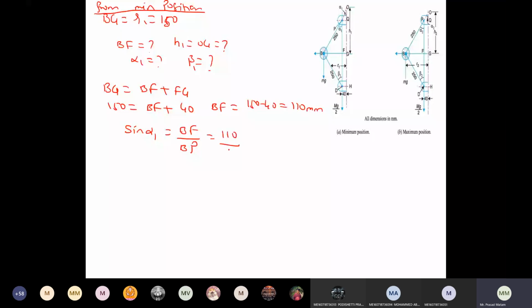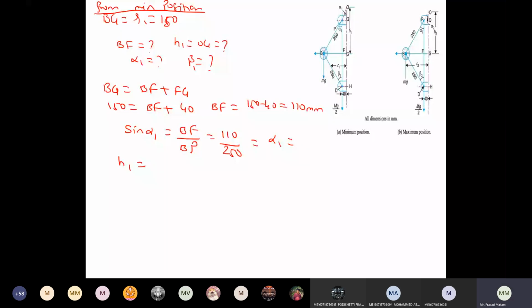From this, get the alpha 1 value. Solve and give me the answer. Someone has replied, 26.1 degrees. Is it right? Right.